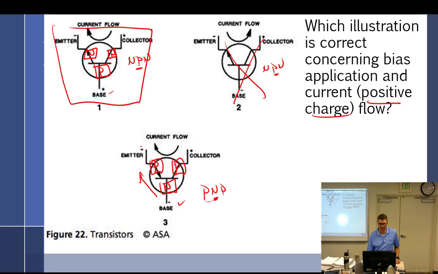This matches positive to negative. The pointed in one doesn't match that. The bottom one's PNP, but it's coming from the emitter to, but that's how a PNP would look. The arrow pointing in. That's the reason I picked number one.